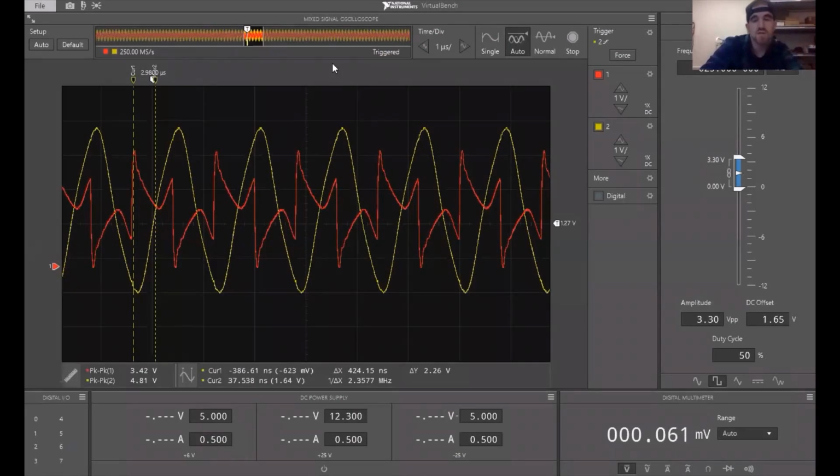So to measure the time delay of the source to line 1, you take the rise time of the source, which is in red, and the rise time of line 1, which is in yellow, and we get the difference of the two, which is 425 nanoseconds.